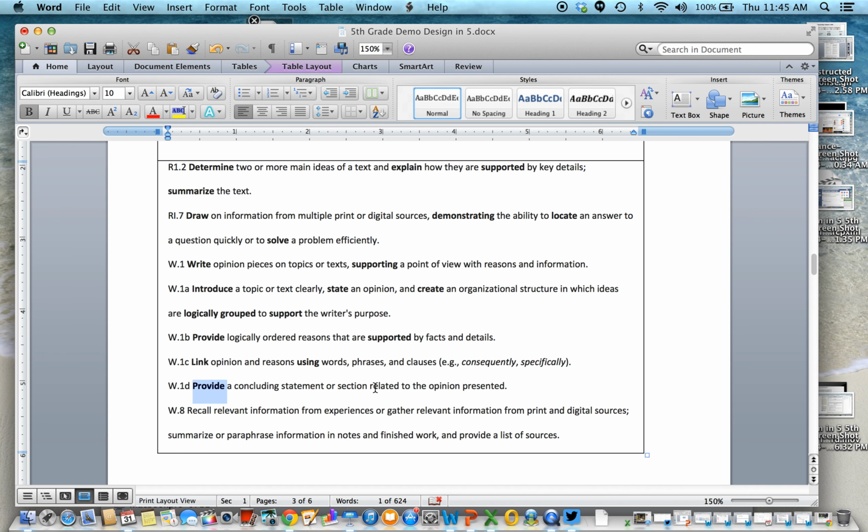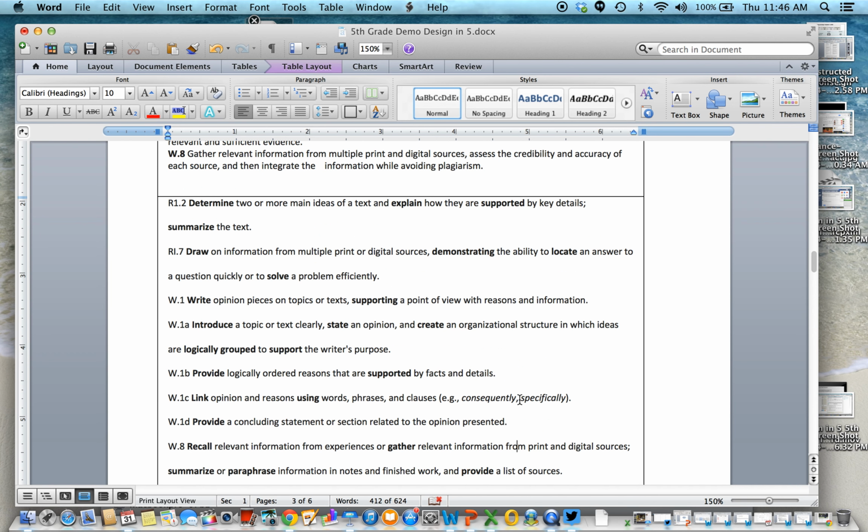Provide. Gather. Summarize or paraphrase. All right, so those are the verbs that I circled to get a sense of the action we want for students.